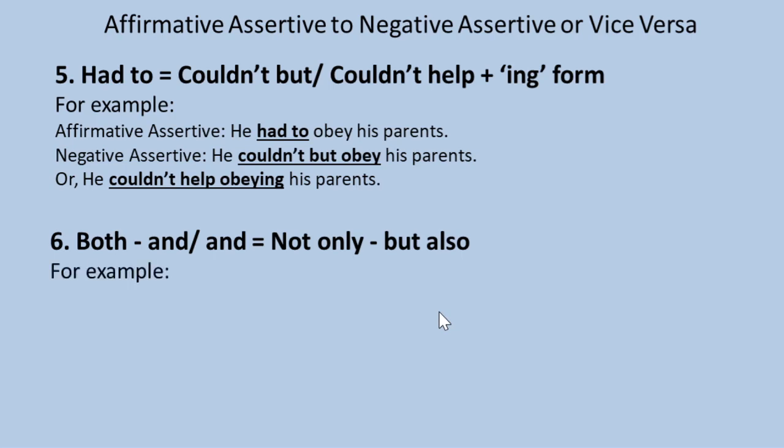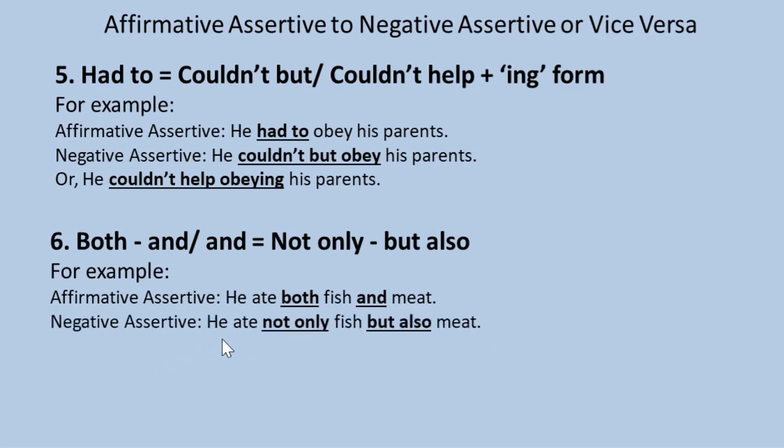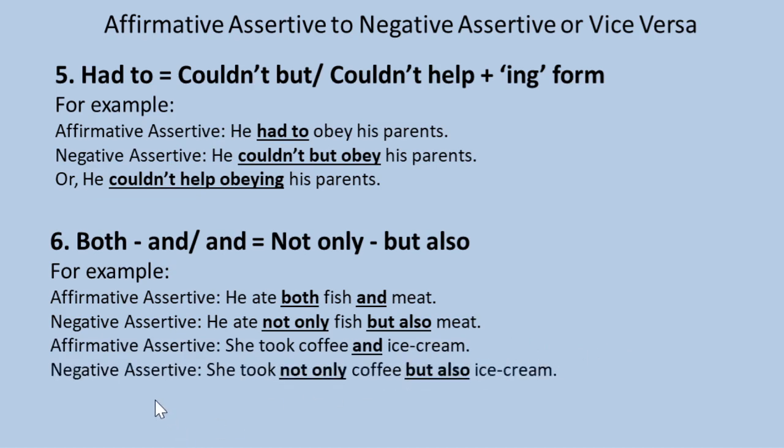Look at the example. Affirmative assertive: he ate both fish and meat. Negative assertive: he ate not only fish but also meat. Affirmative assertive: she took coffee and ice cream. Negative assertive: she took not only coffee but also ice cream.